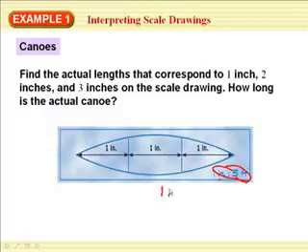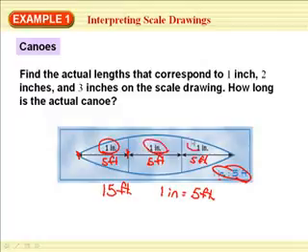So every 1 inch is going to be equal to 5 feet in the real canoe. So from here to here is 1 inch, which is equal to 5 feet. Here to here, that's another 5 feet. And here to here is another 5 feet. So that canoe is going to be 15 feet because we had 3 inches.